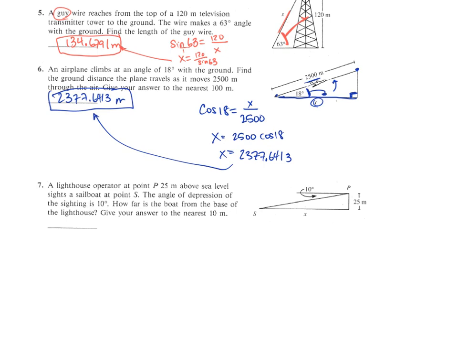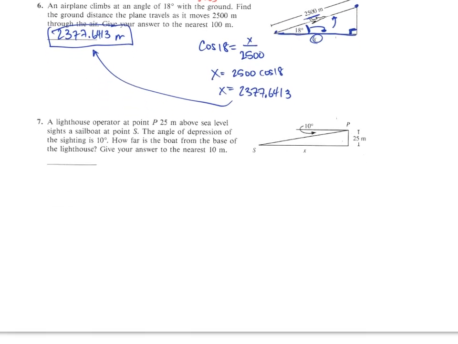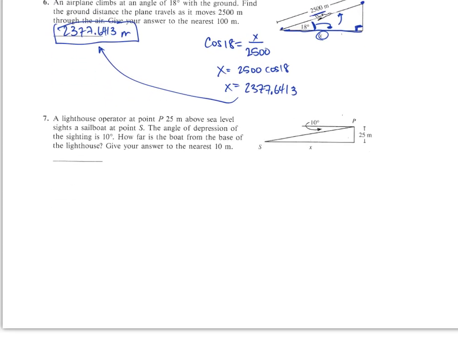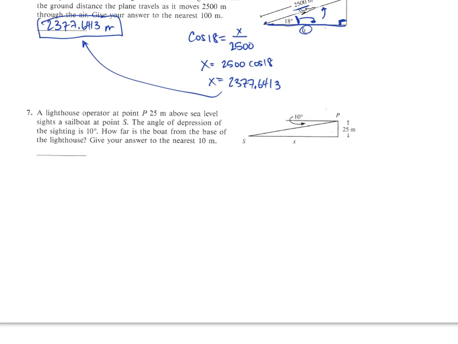All right. And our last problem over here. Let's take a look at what we got. For this one, it says a lighthouse operator at a point P 25 meters above the sea level. So this is the sea level. We're 25 meters above.